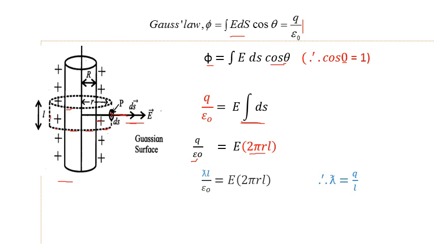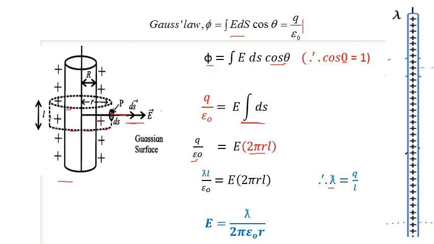Next to this, one more point we have to discuss. This lambda is nothing but linear charge density. What is this linear charge density? It is charge per unit length. And why we need this? Because what we imagine, this wire is very long, so too many charges are there, and to count all charges it may be difficult.